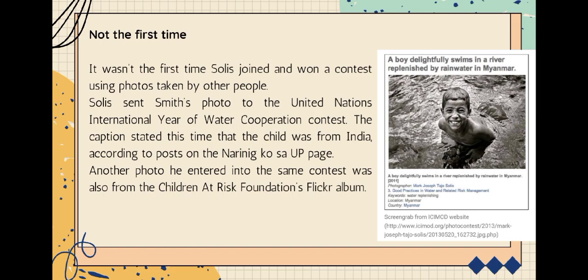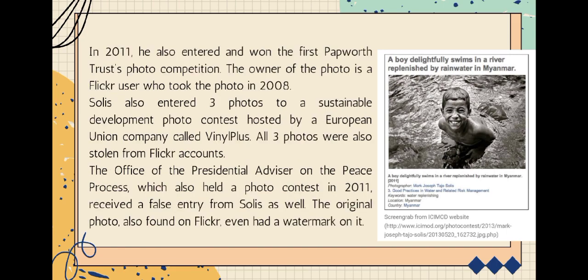Another photo he entered into the same contest was also from the Child at Risk Foundation Flickr album. In 2011, he also entered and won the first Popworth Trust photo competition. The owner of the photo is a Flickr user who took the photo in 2008. Solis also entered 3 photos to a Sustainable Development Photo Contest hosted by a European Union company called Viniplus.